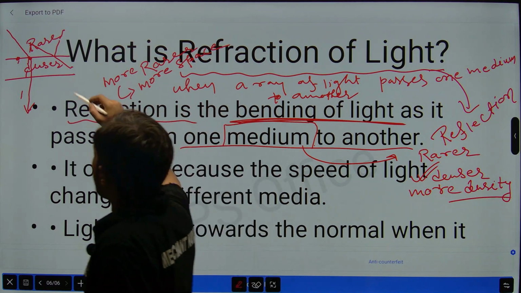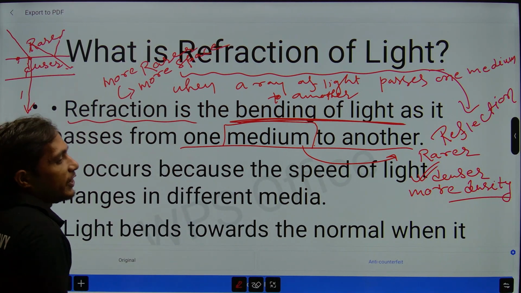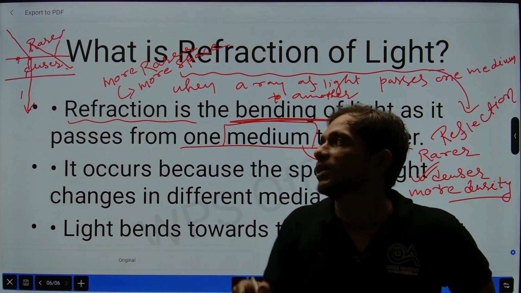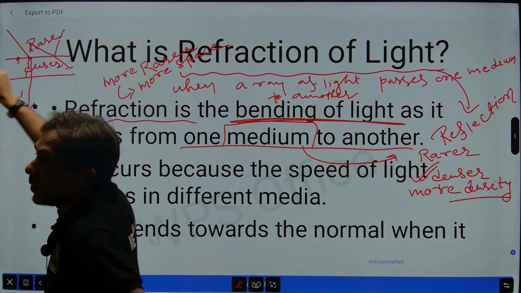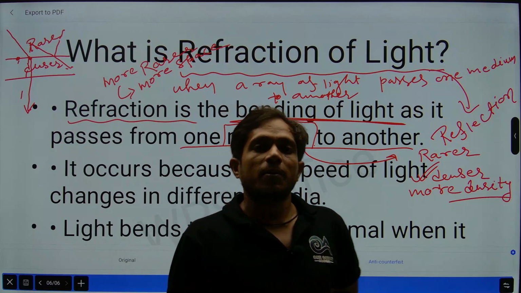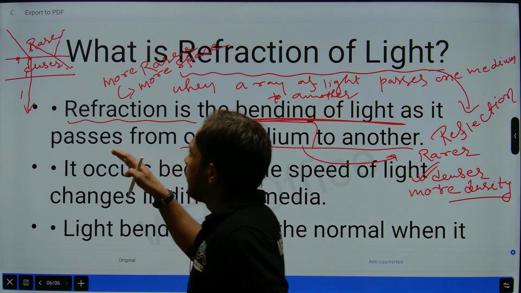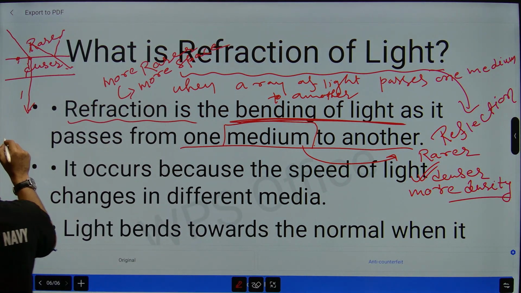So, if a ray of light moves from a denser to a rarer medium, then the ray will deviate from the normal, means it bends away from the normal. So, D2R means away from the normal.